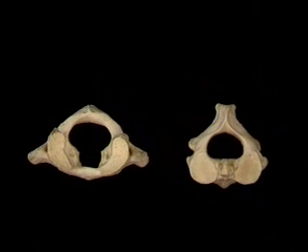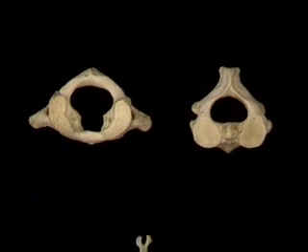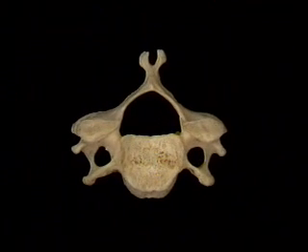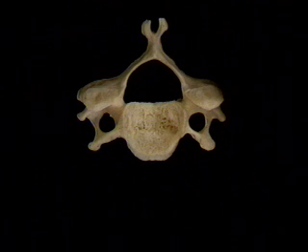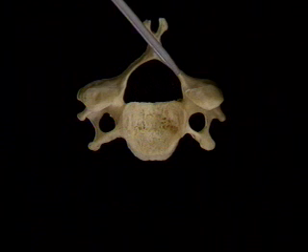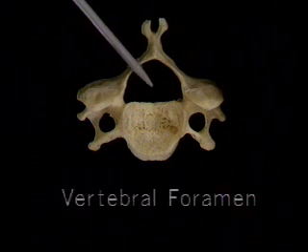Because of their special functions, the atlas and the axis differ in several ways from typical cervical vertebrae. As we've seen in Volume 3, a typical cervical vertebra has a body in front and a neural arch behind, enclosing the vertebral foramen.